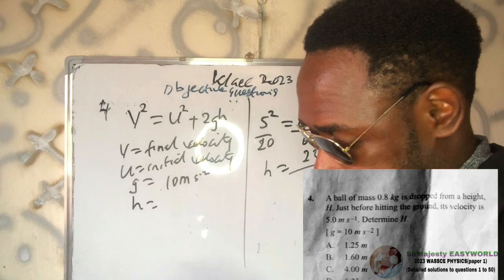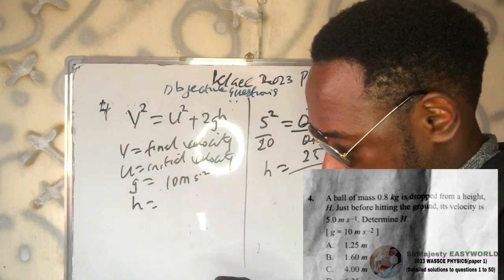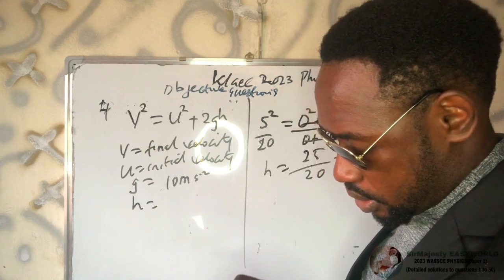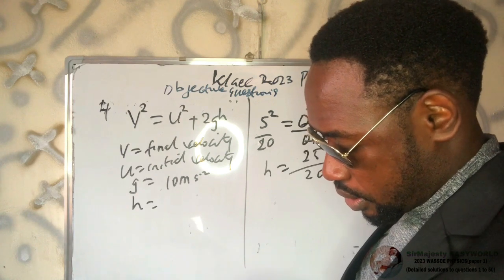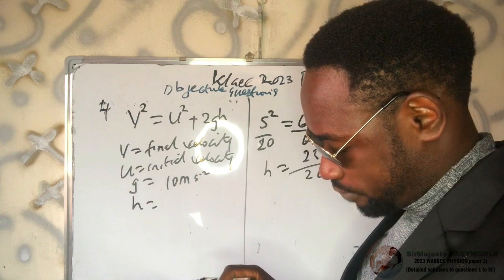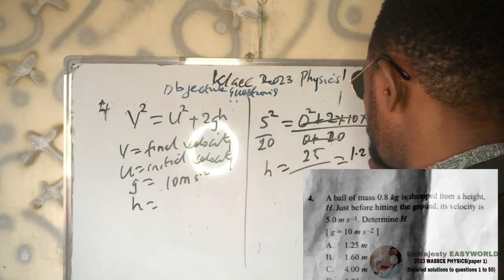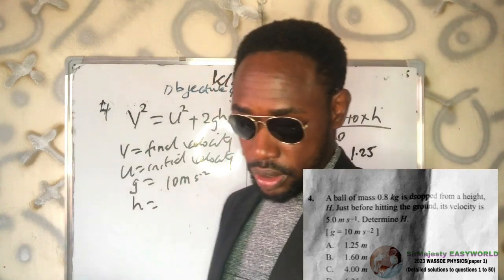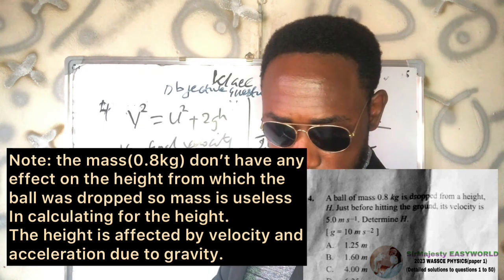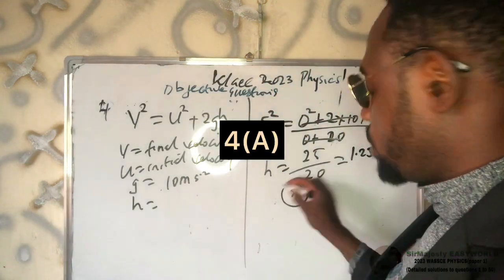Let me confirm: 25 divided by 20 is 1.25. Let's check if we have that in the options. The answer is A. So question number 4 is A.